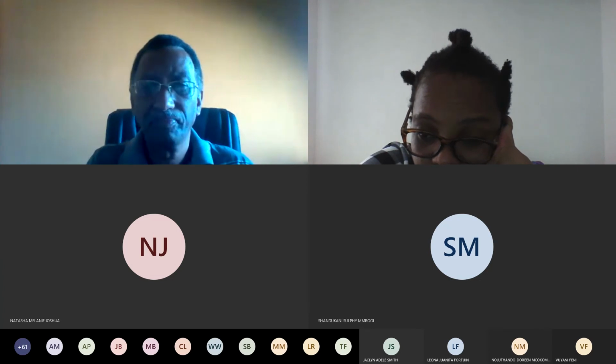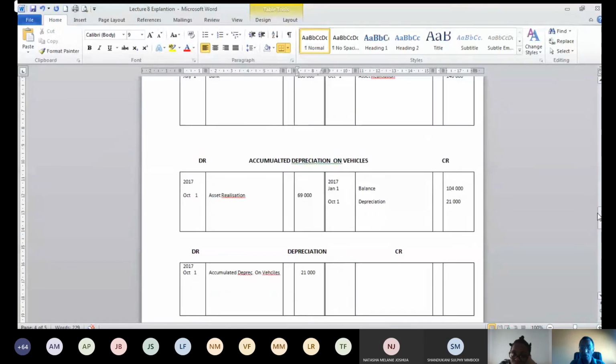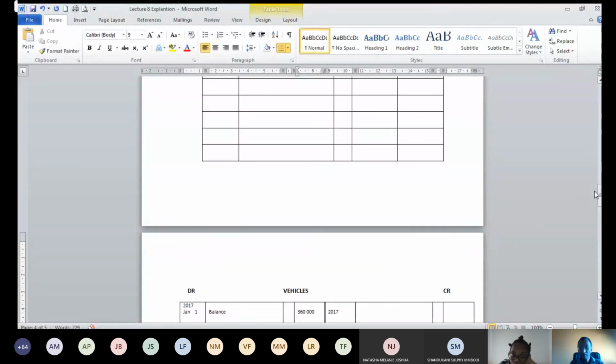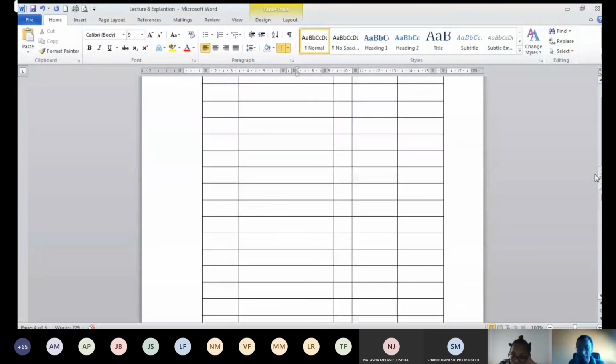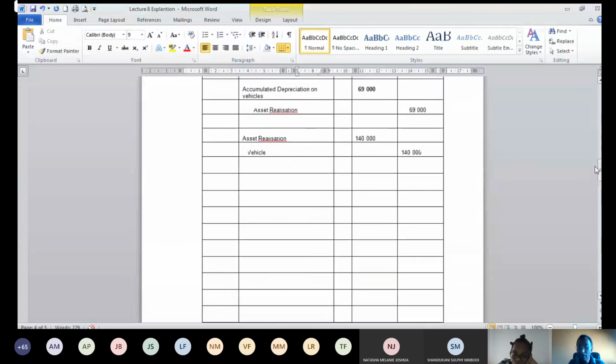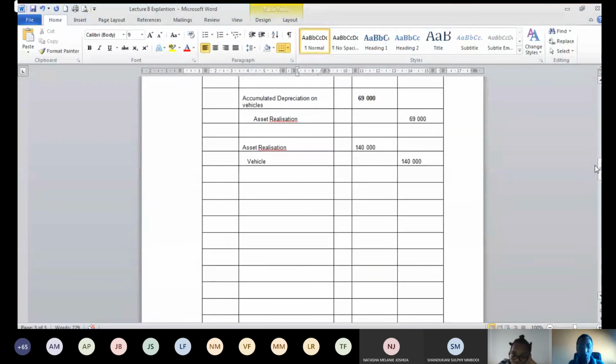We continue, and I am now going to go into my step number 4. With the asset realization, you are taking a look at how we disposed of this asset. Remember, we can sell the asset for cash or on credit, or we can trade it in.